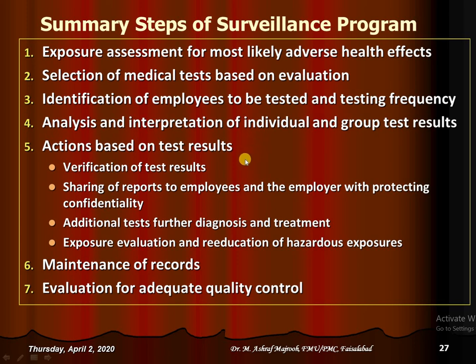The action based on the results may be verification of the test results, sharing of the reports with the employees and the employer with confidentiality, additional tests for further diagnosis and treatment, exposure evaluation and reduction of hazardous exposure, and then maintenance of the record, and lastly the evaluation for adequate quality control. So this is the summary of the summary steps for the health surveillance program.